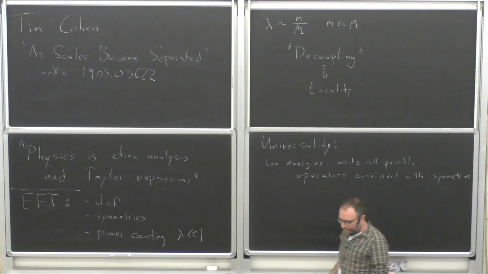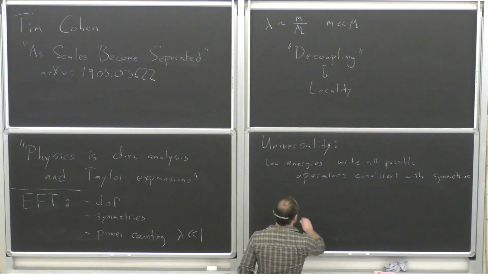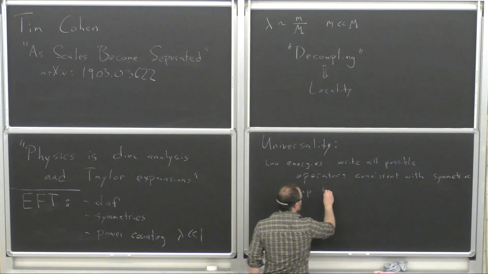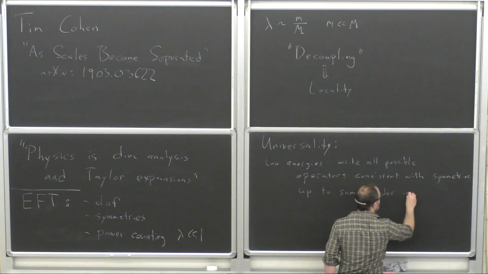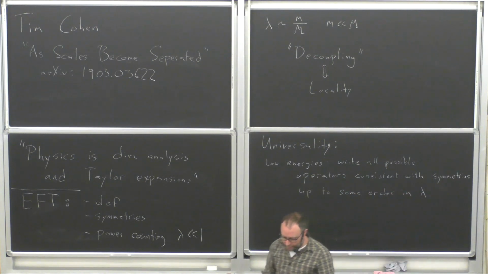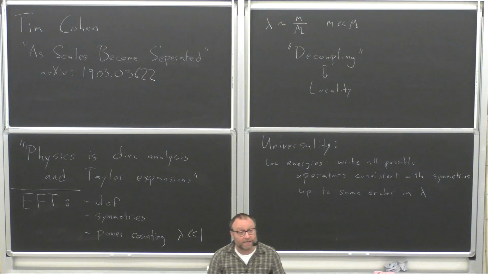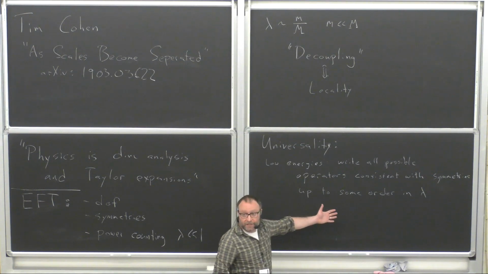Okay, and up to, right, and here's where the EFT comes in, some order in the power counting parameter lambda. So again, when you're studying, say, renormalizable quantum field theories in 4 dimensions, you would include operators up to mass dimension 4.